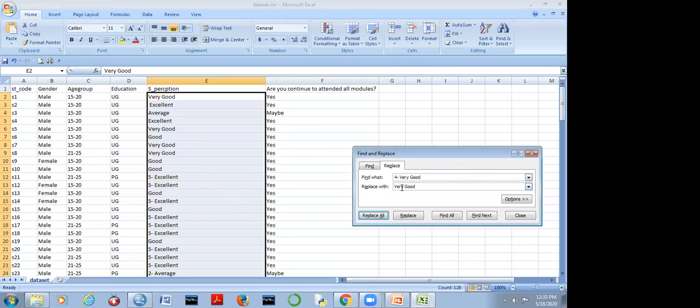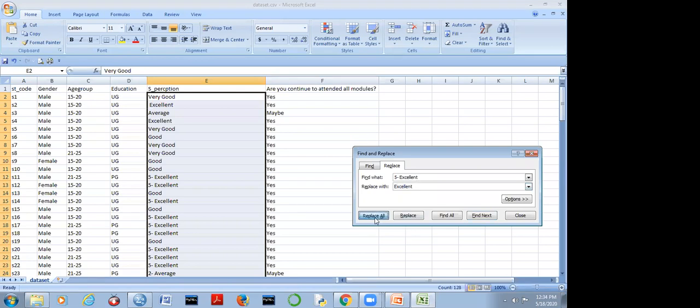Now 5 dash, then 5 is excellent. 5 dash excellent, and replace it with excellent.